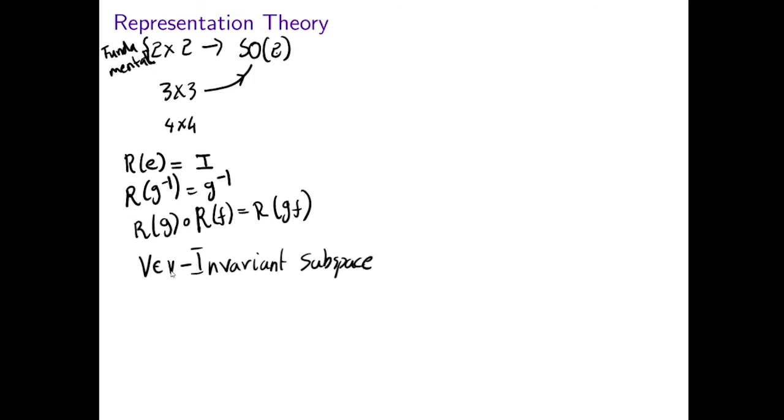And why is this important? Why do we care? Because you can use any of these representations to describe nature, but the things that we care about are basically the representations that leave a particular subspace invariant.